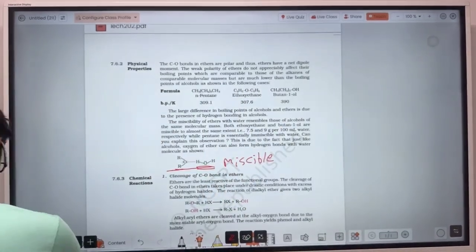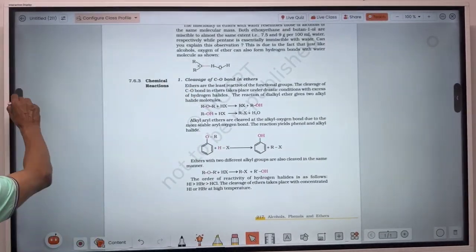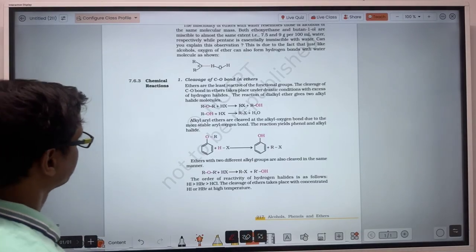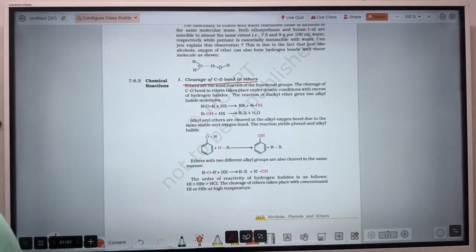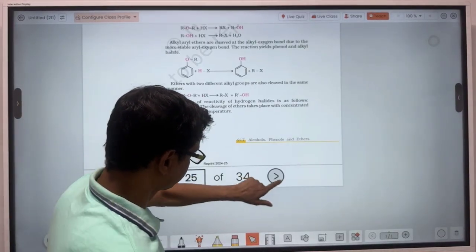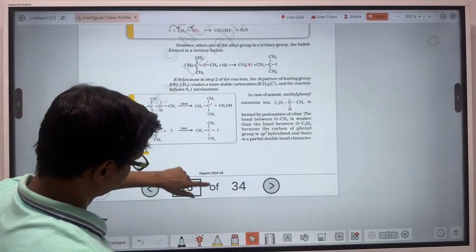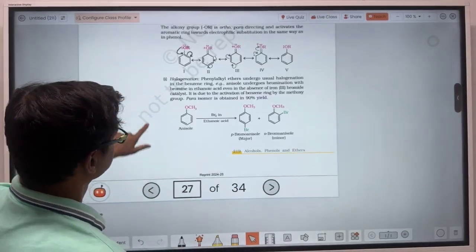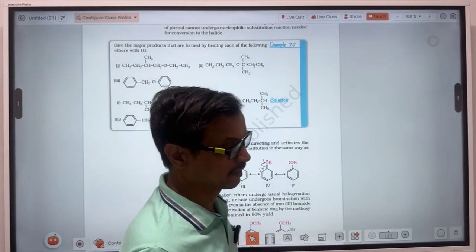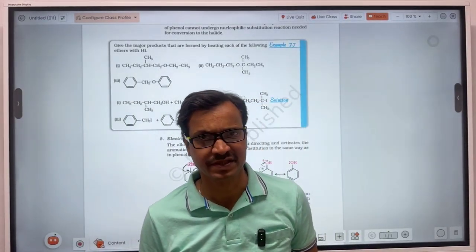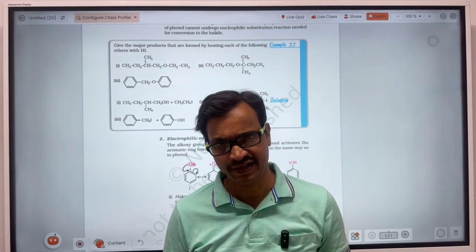Now that was about the physical properties. After that are the chemical properties. In ether there will be chemical properties: one will be due to the cleavage of carbon oxygen bond, and one will be electrophilic substitution reaction. The electrophilic substitution reaction will take place in that ether in which there is benzene on one side.